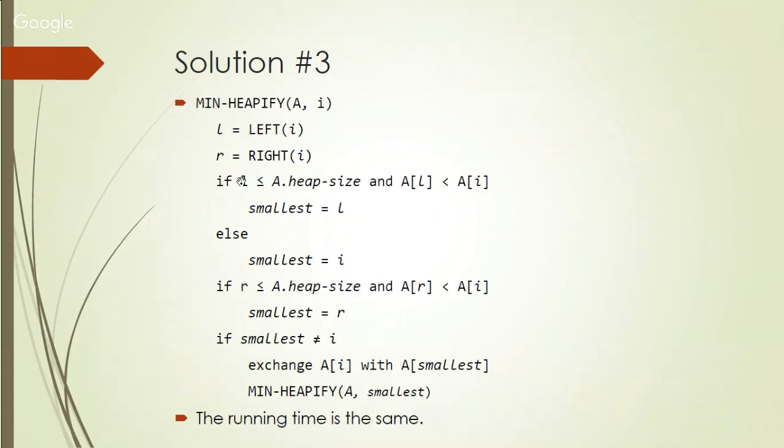Then we have the if condition: if L is less than the heap size of A and the value at A index L is less than the value at A index I, then the smallest is L, else the smallest is I. Another condition is that if R is less or equal to A heap size and the value at A[R] is less than the value at A[smallest], then the smallest is R. If the smallest is not I, we exchange A[I] with the smallest.